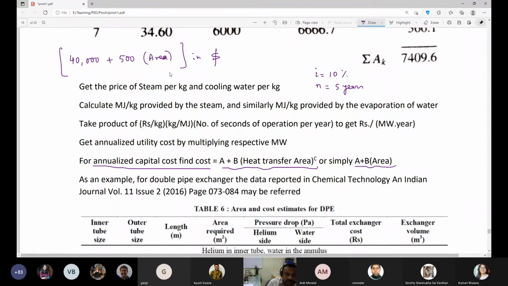So whatever cost you have, you have to multiply this cost with I into (1 plus I) to the power n, divided by (1 plus I) to the power n minus 1.